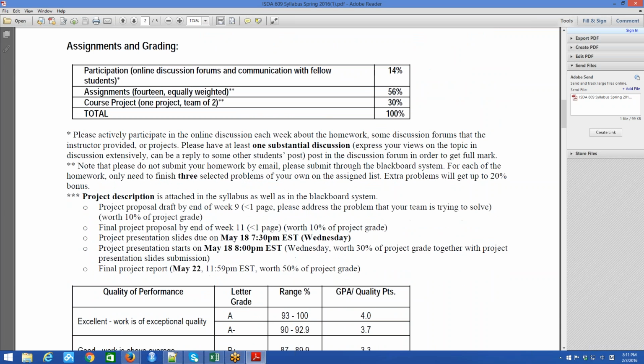And then just some assignments and grading. Note that we have participation here, online discussion forums, and communication with fellow students.